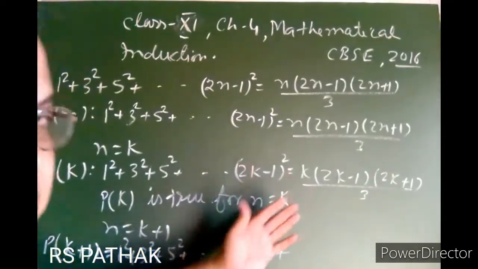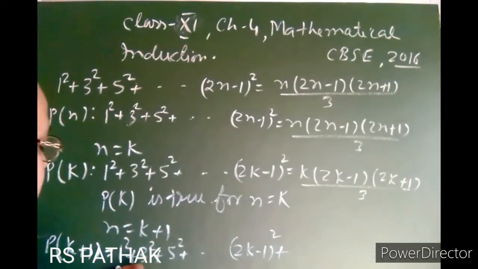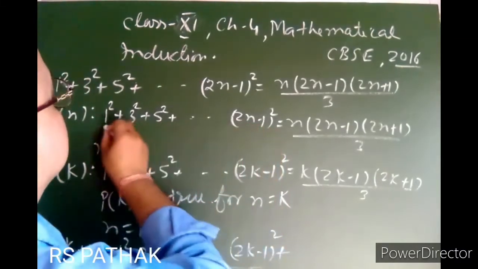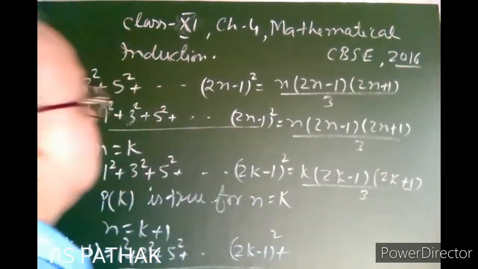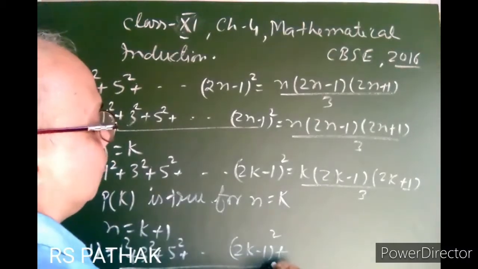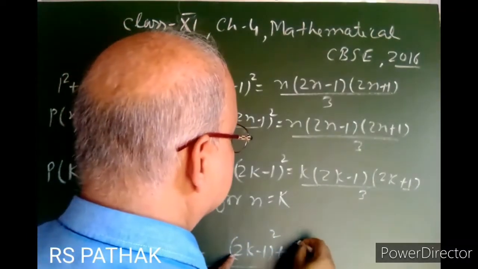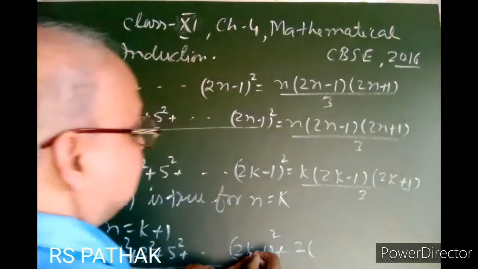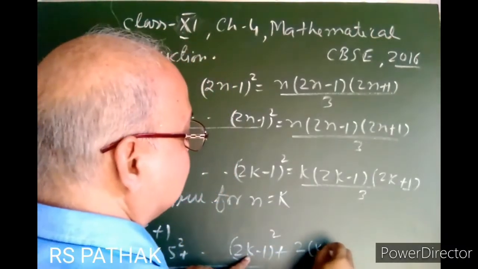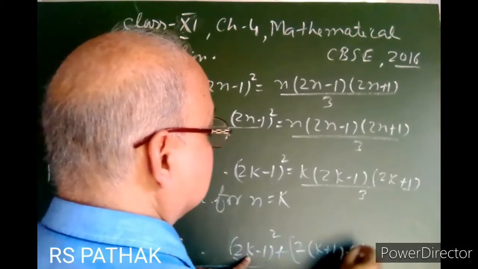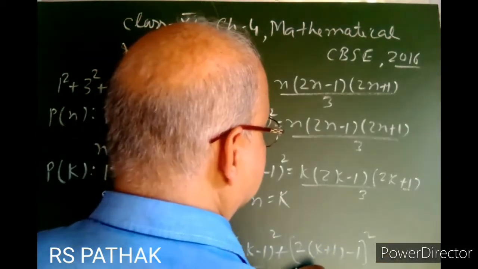The next term will be k plus 1, so in place of k we write k plus 1: (2(k plus 1) minus 1) whole square. This is the extra term.